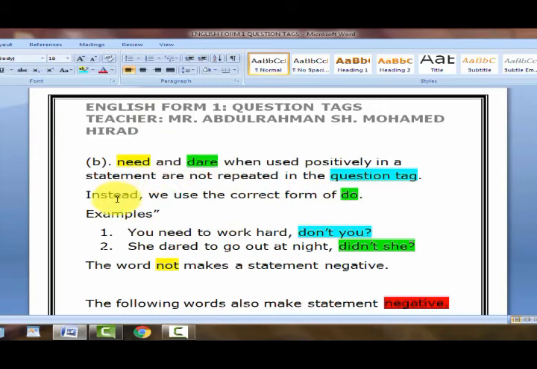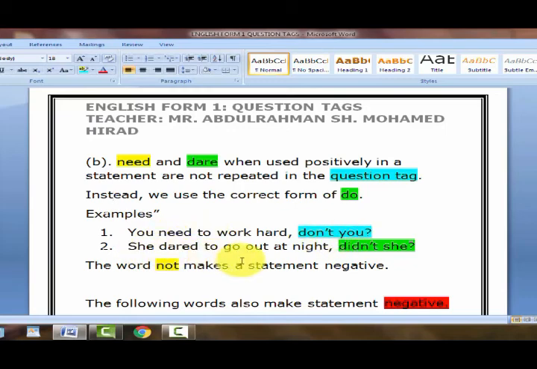Be careful there. So we don't say needn't I or daren't I. Instead, we use the correct form of do, whether in present or past. You need to work hard, so instead of saying needn't you, you say don't you.